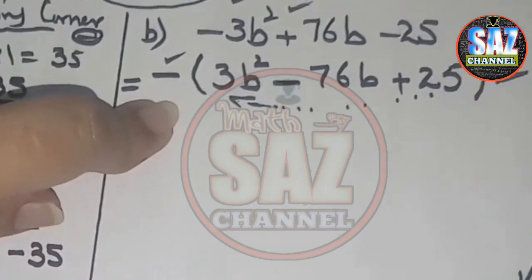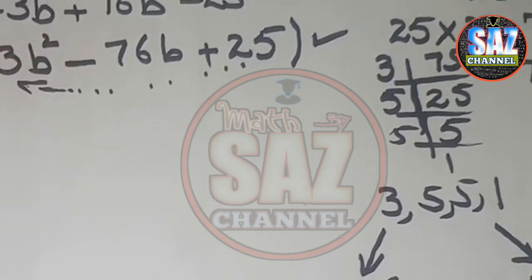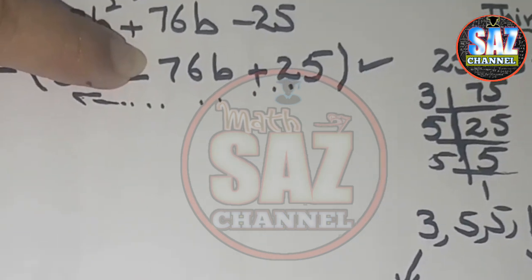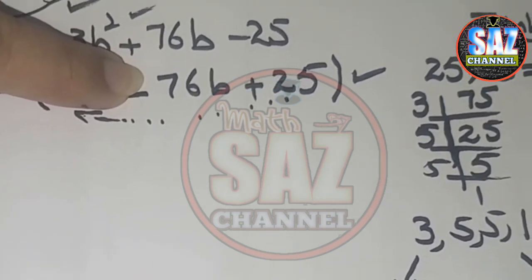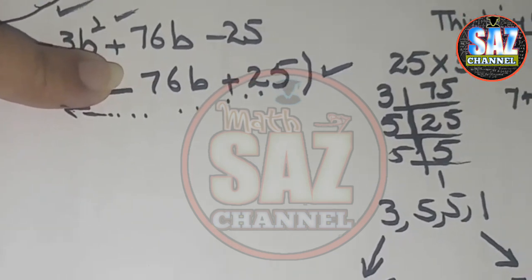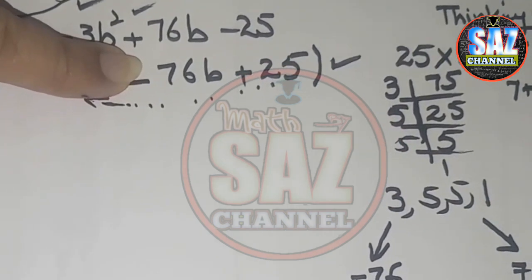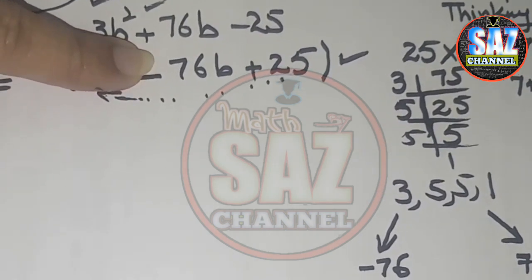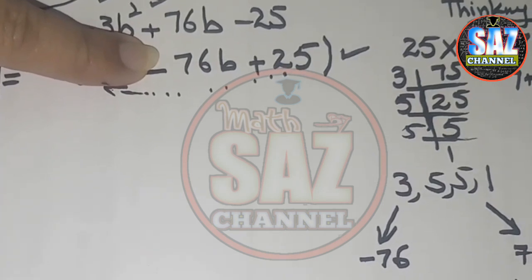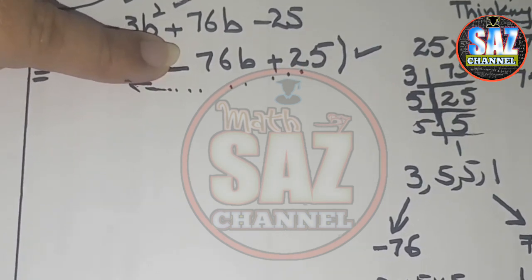Yes, my guess is closer to the actual working. But see, I need a minus sign with 76. So I have to think about what sign 75 will have and what sign 1 will have. Yes, I will have a minus sign with 75 and a minus sign with 1, and then I can get my sum minus 76, and the same minus sign multiplied by minus sign, and yes, I got the correct option.